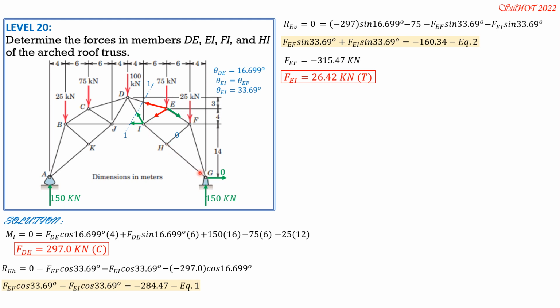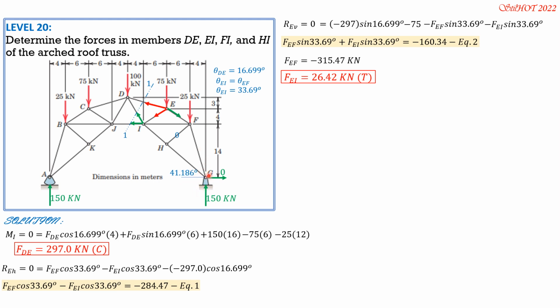We need to solve for FGH, so we isolate this joint G here. The angle that GH makes with the horizontal is arctan of 14 over the horizontal distance 6 plus 6 plus 4, 16. Arctan of 14 over 16 is, I'll just label it, 41.186 degrees.